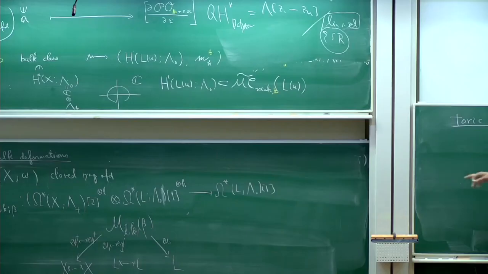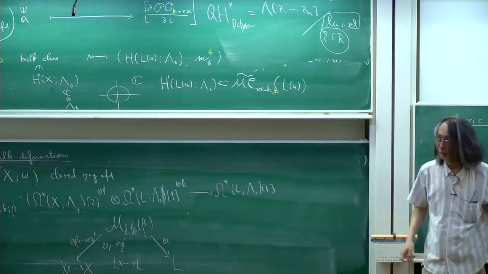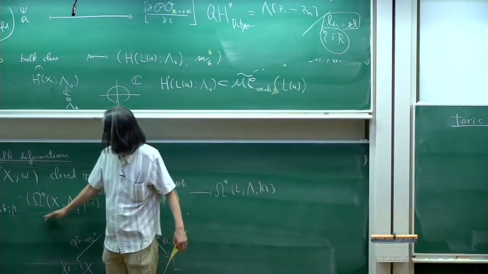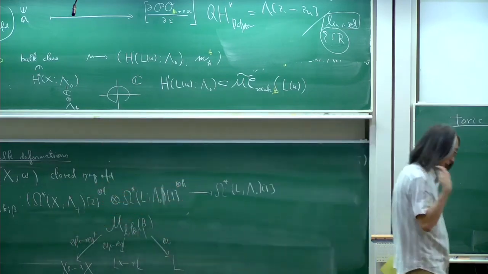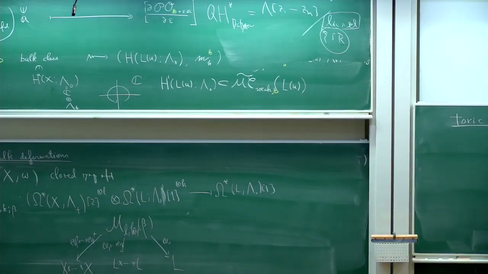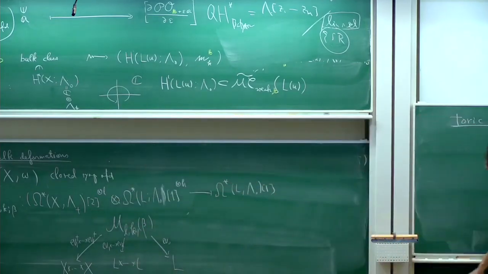So here I use differential forms and write everything in differential forms. And in our book, we use a subcomplex of the singular chain complex of X and L and then did something. So in our book, we always use the singular chain complex. And it is also possible to use differential forms. But here we use a kind of mixture. So for the first, this bulk or ambient class, we use just T-invariant cycles and then take this ideal, right? Sorry. Okay.